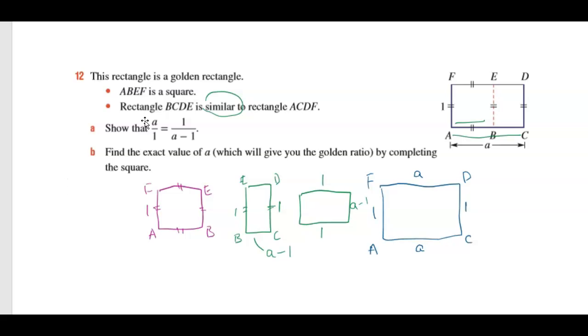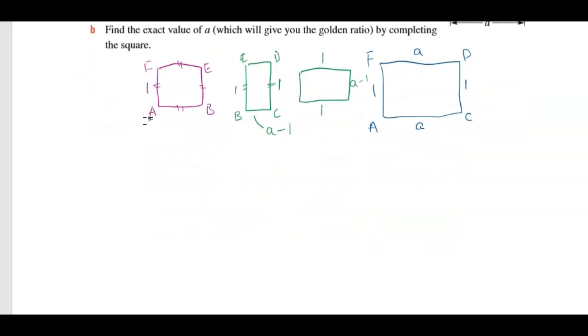All right, I'm just going to scroll so we can see, maybe use a different color. Now, question A is saying we need to prove or show that A over 1 is equal to 1 over A minus 1. Now, remember when I said if you're enlarging a photo, let's say we're doubling it, we're increasing it by 2.